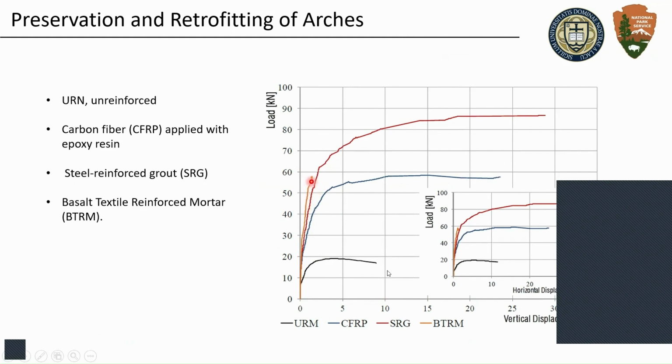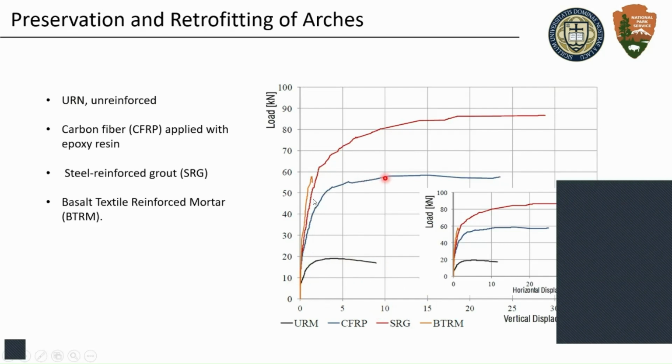By the way, they don't have much load on top of them, so it fell relatively quickly. Then we have the carbon fiber reinforcement, which is shown here in blue. And note two things: the gain in strength, but not only gain in strength, also gain in deformation capacity, right? So it can deform substantially prior to collapse.